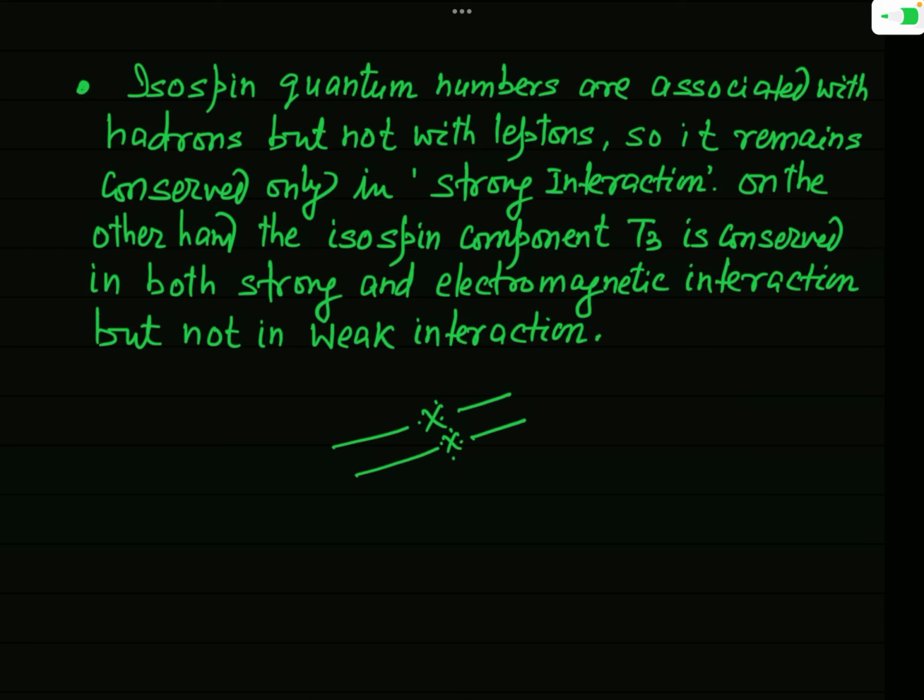Any nuclear process conserves isospin only when it suffers the strong interaction.